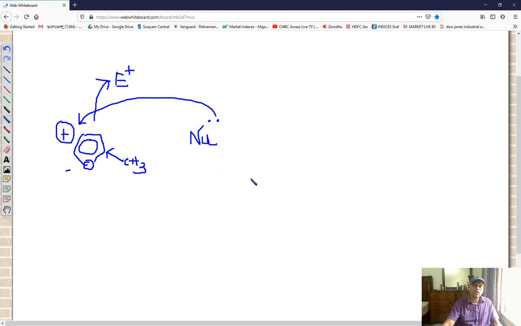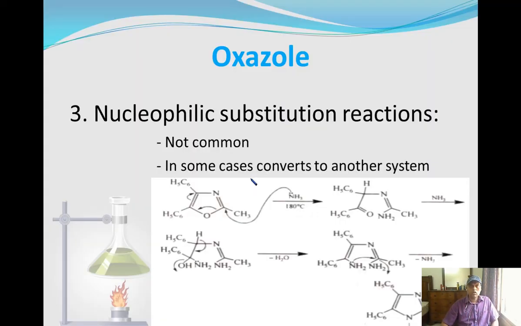That is, nucleophilic reactions can take place, but nucleophilic reaction is not very common here. In some cases it's going to get converted to another system. That means you're taking oxazole, but the final product is not going to be oxazole.